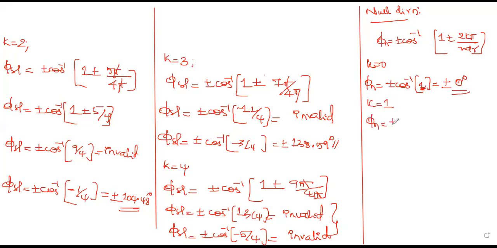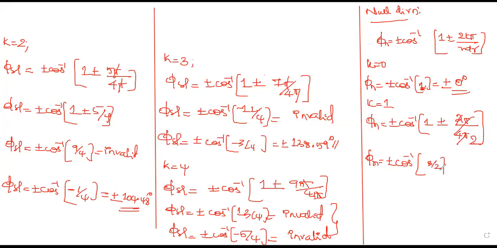Next, k is equal to 1. Phi null is equal to plus or minus cos inverse of 1 plus or minus, k is equal to 1, so you get 2 pi. You know, N value is 4, DR value is pi, so this is 2. So you get phi null is equal to plus or minus, first value 1 plus 1 by 2, which is 3 by 2.